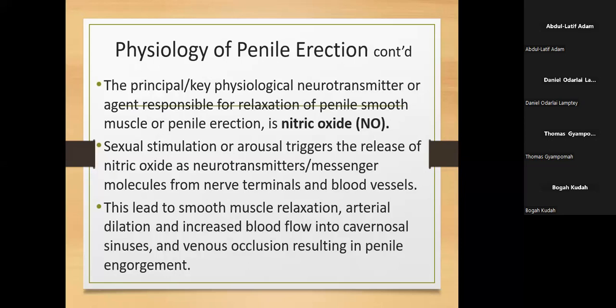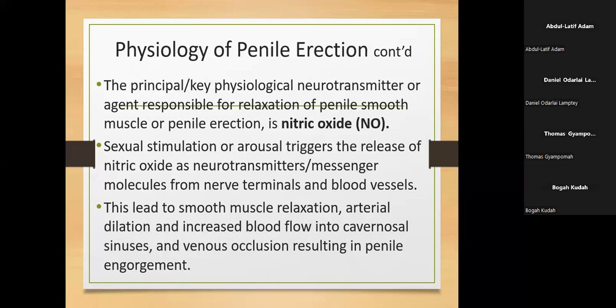We are not going to go deep into that, but I just want you to appreciate the fact that nitric oxide plays a key role in erection, because this whole system is under the parasympathetic pathway. And when there's parasympathetic pathway, you want relaxation. So some transmitters should impinge on the muscles to relax.